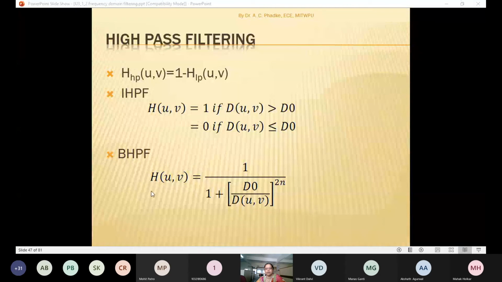H(u,v) for the Butterworth high pass filter is given by 1 upon 1 plus (D0 by D(u,v)) raised to 2n. Or you can also obtain it by 1 minus the Butterworth low pass filter function.